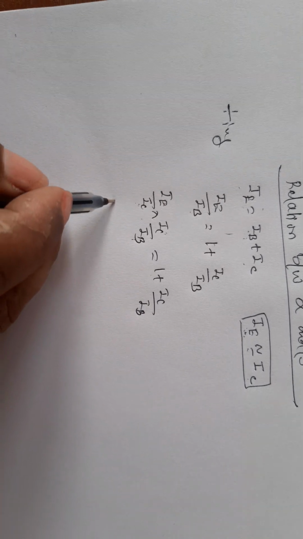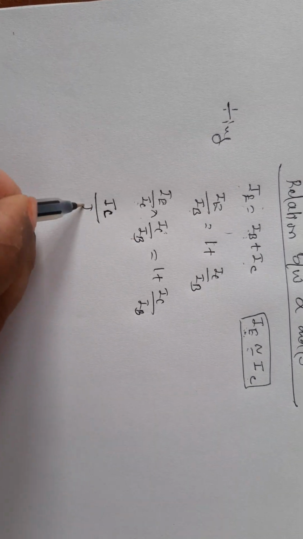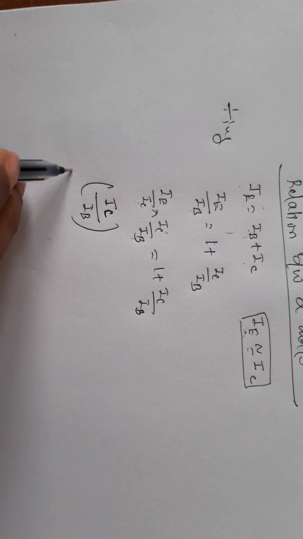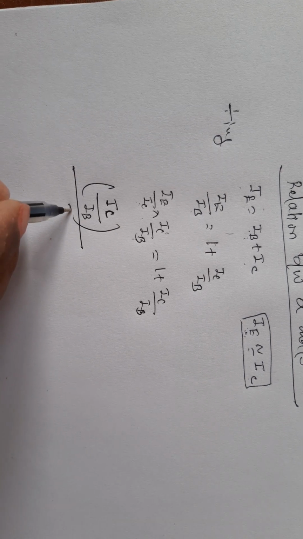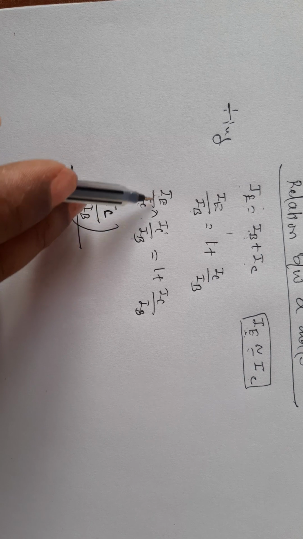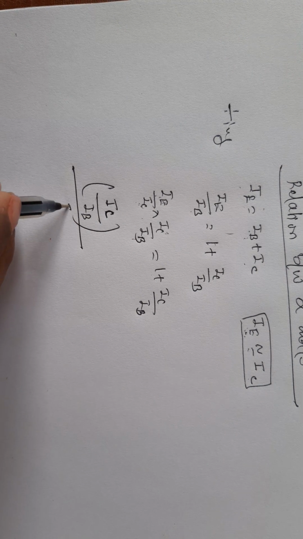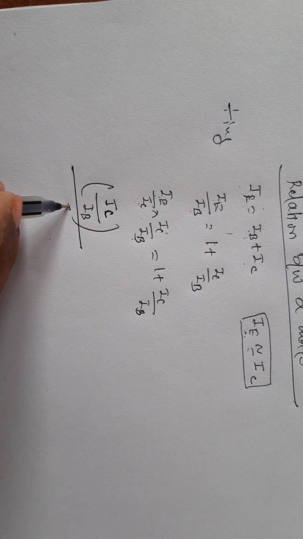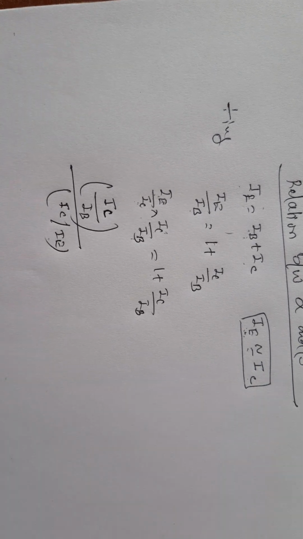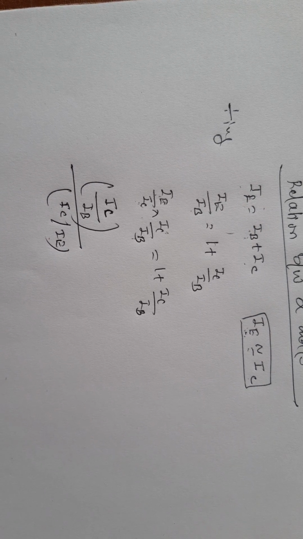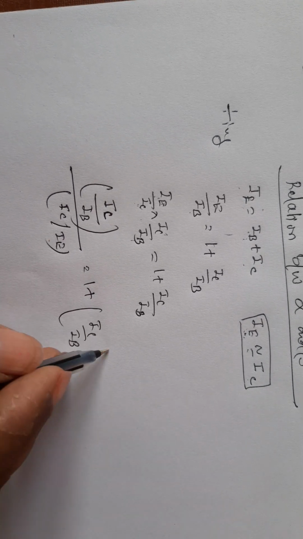Retaining IC by IB as it is, and dividing by IE by IC, when it goes to the denominator it becomes IC by IE, which is equal to 1 plus IC divided by IB.